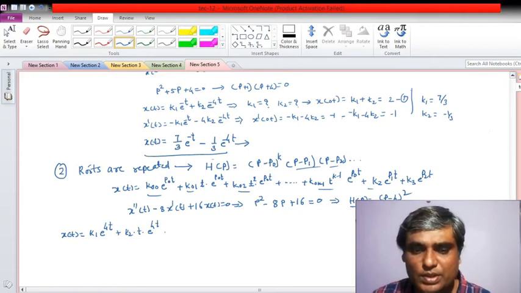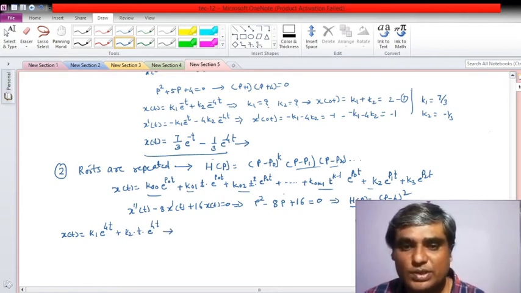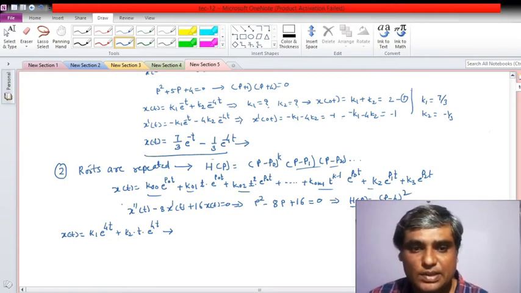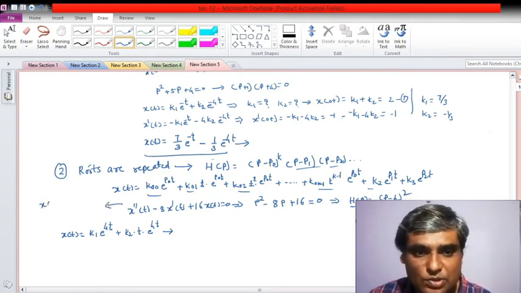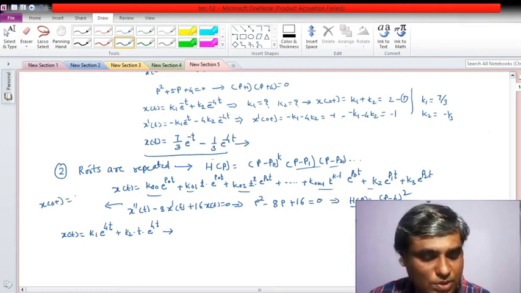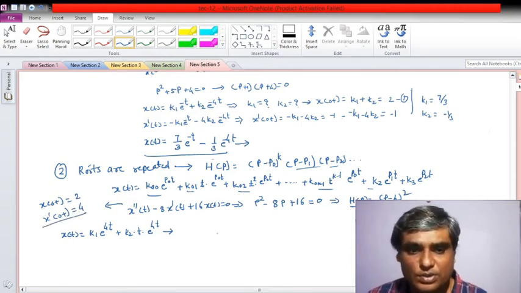Next, to obtain k1 and k2, what do I need? I need the initial conditions. Suppose the initial conditions given to you are x(0+) is 2 and x'(0+) is 4. If I evaluate this at 0+, x(0+) is k1, since the k2 term is 0, so k1 is simply 2.